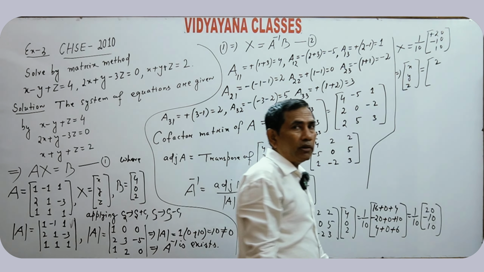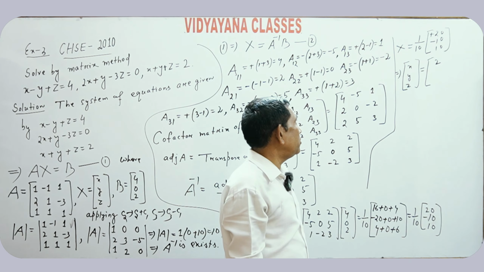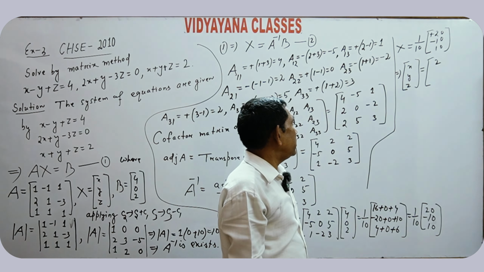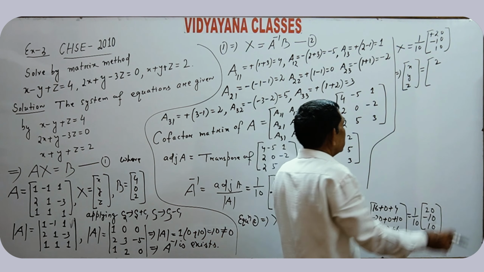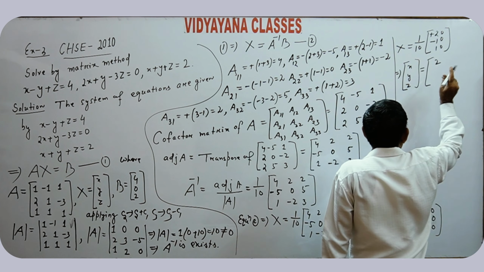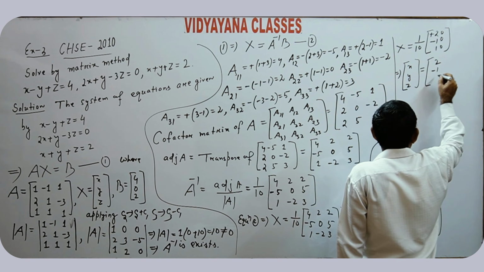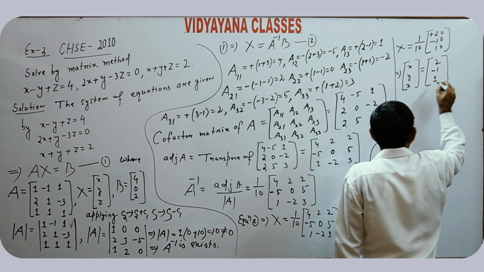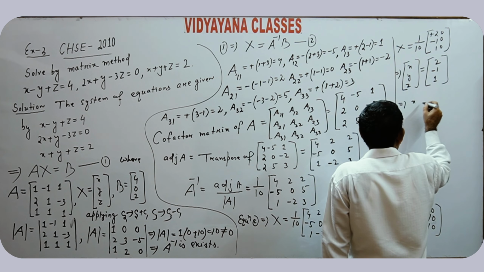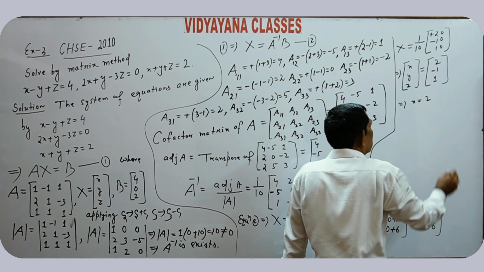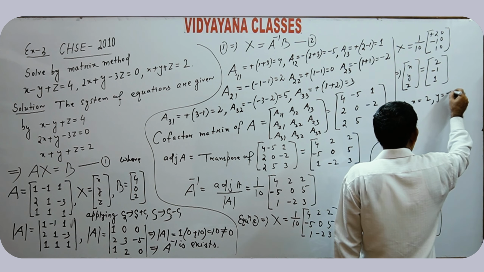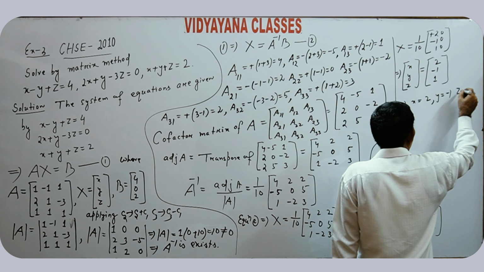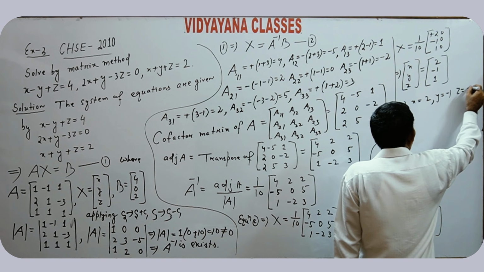If a scalar is multiplied with a matrix, then it will be multiplied with each element of the given matrix. 1 by 10 into 20, 2, minus 1 and 1. Implies x is equal to 2, y is equal to minus 1, z is equal to 1.